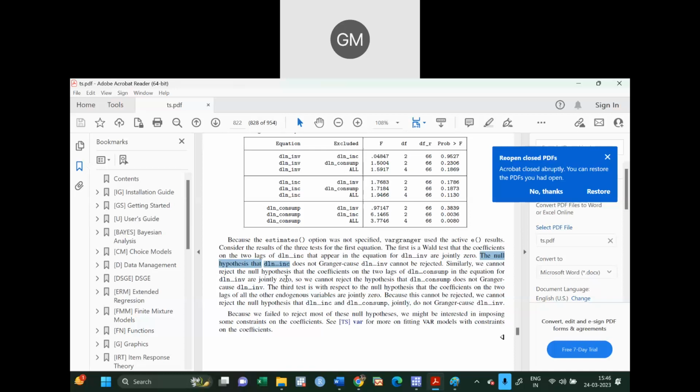Similarly, we cannot reject the null hypothesis that the coefficients of the two lags of the variable in the equation are jointly 0. So we cannot reject the hypothesis that it does not Granger cause. The third test is with respect to the null hypothesis that the coefficients of the two lags of all the other endogenous variables are jointly 0.